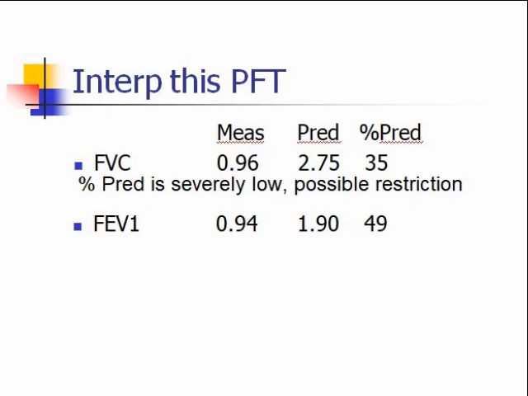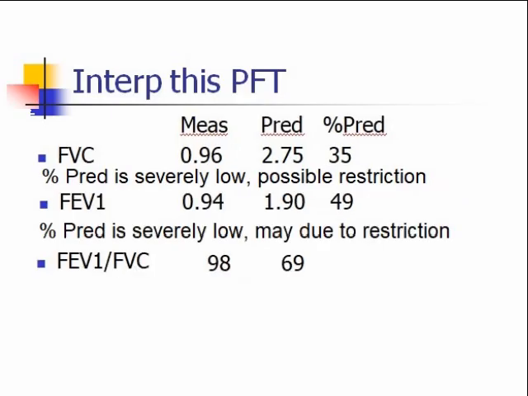Now, the 35% predicted is severely low. If it was at 34% predicted, then it would be very seriously low. Now take a look at the FEV1 before we move on.